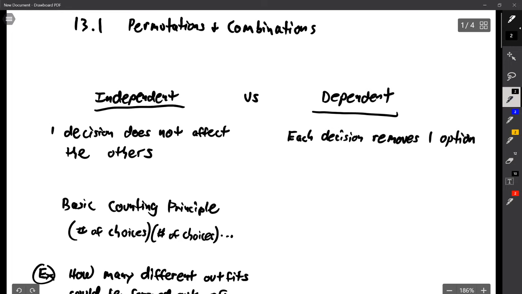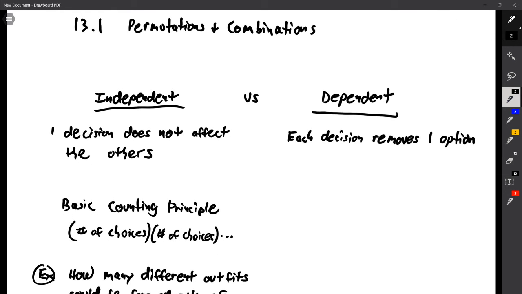So we can start out viewing this as if it's the basic counting principle, but there's a slight tweak. Let's put it like this.